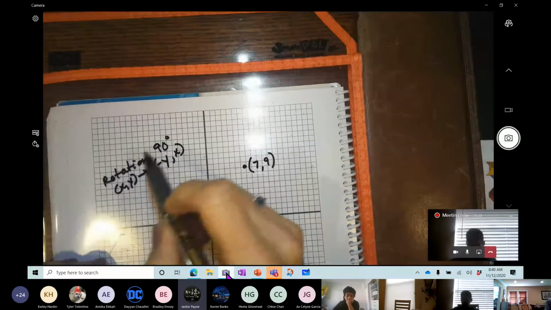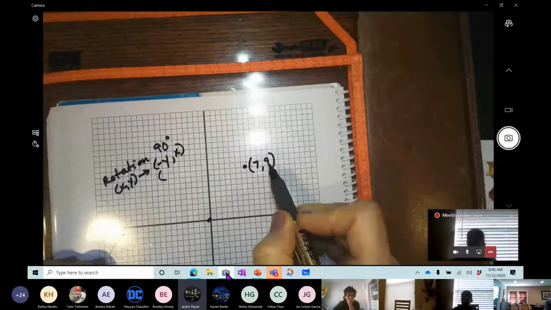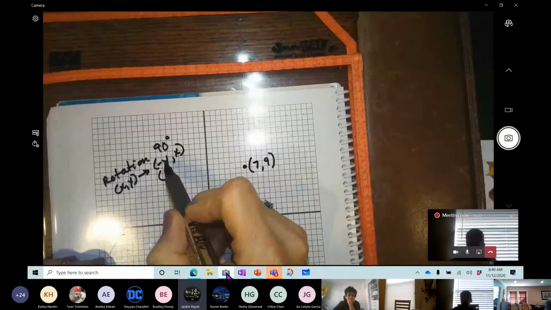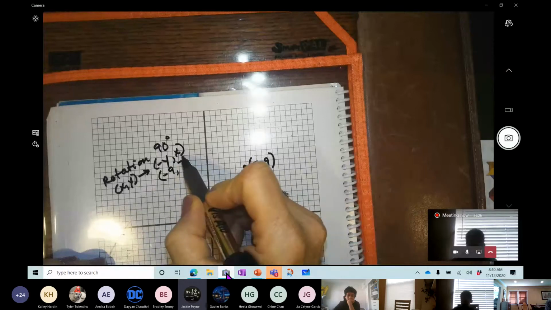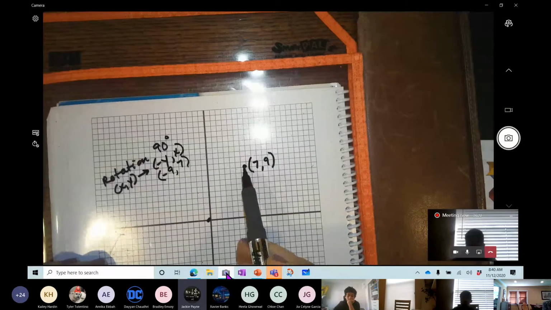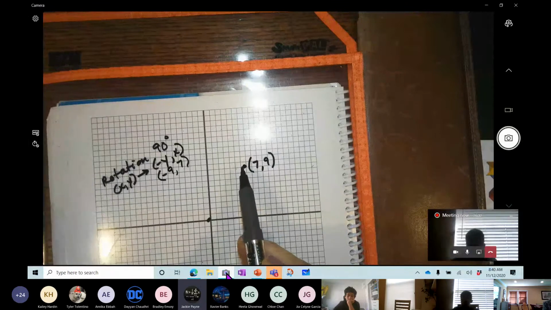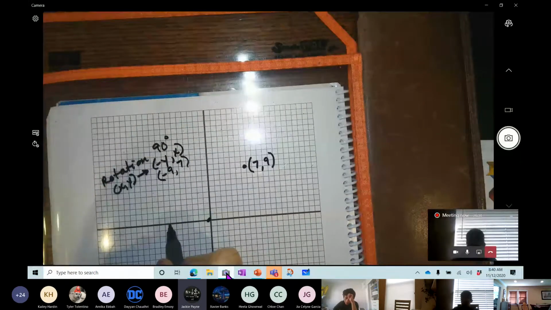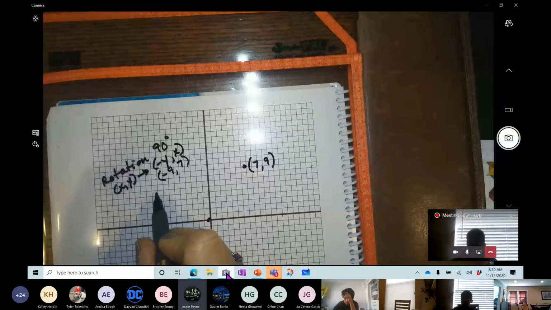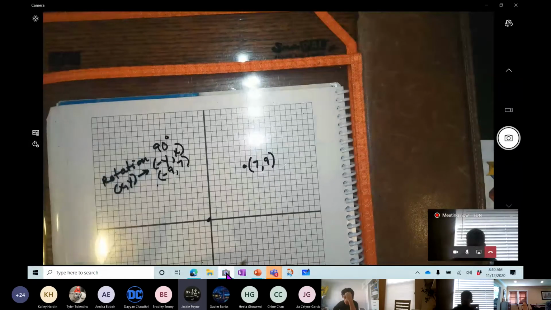The 9 goes in here with a negative, and the x goes here. So with a 90-degree rotation, I'm going to graph negative 9, 7. So 1, 2, 3, 4, 5, 6, 7, 8, 9, and 1, 2, 3, 4, 5, 6, 7.